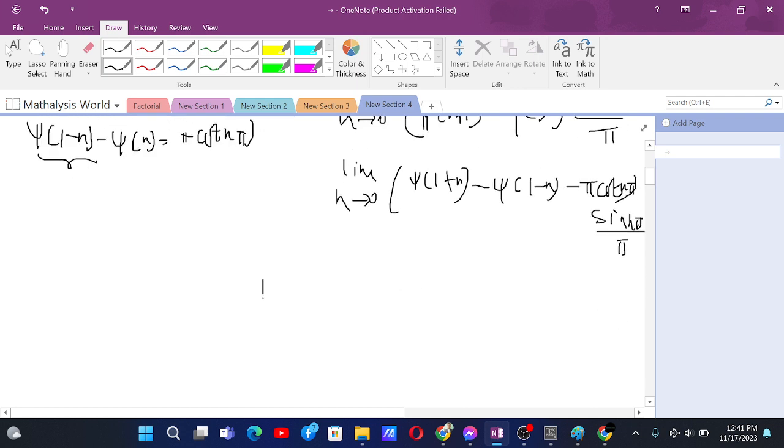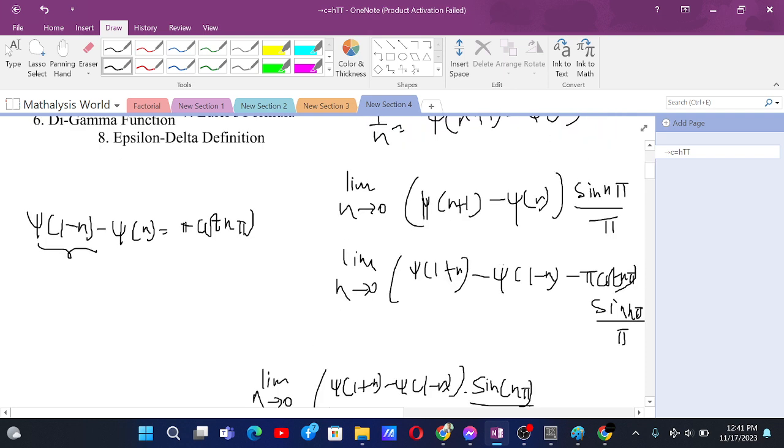So then we have the limit n tends to 0 of digamma of 1 plus n minus digamma of 1 minus n, times sine n pi by pi.